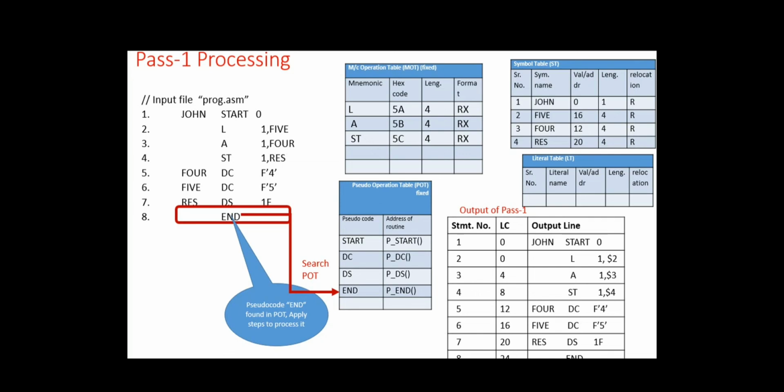But right now, your literal table is empty, so do nothing. If literals are there, process them, otherwise do nothing. Just write that END in the output file and you can hand over to pass 2. Your literal table, shown by the green arrow, is empty, so that's why you don't have anything.